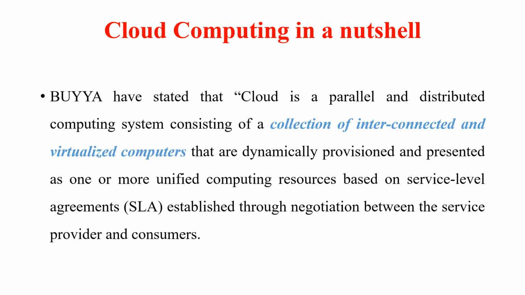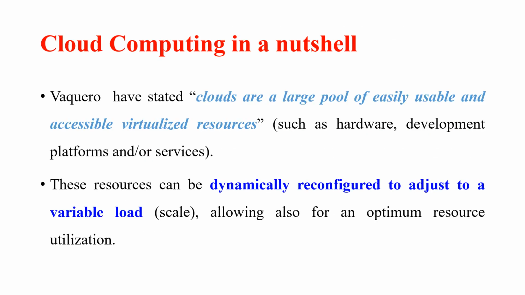We'll see the definition of cloud computing. Several authors have given multiple definitions for the cloud. According to Buyya, a famous scientist, cloud is a parallel and distributed computing system. It consists of a collection of interconnected and virtualized computers. According to Vecchiola, clouds are a large pool of easily usable and accessible virtualized resources.